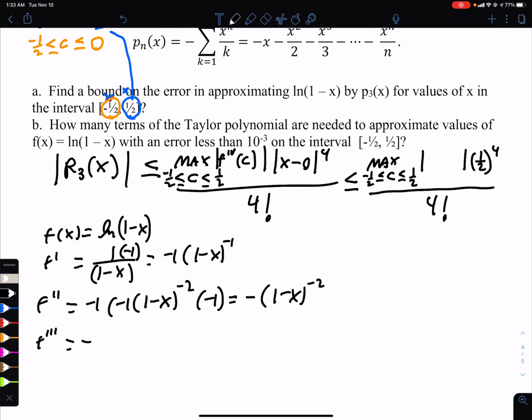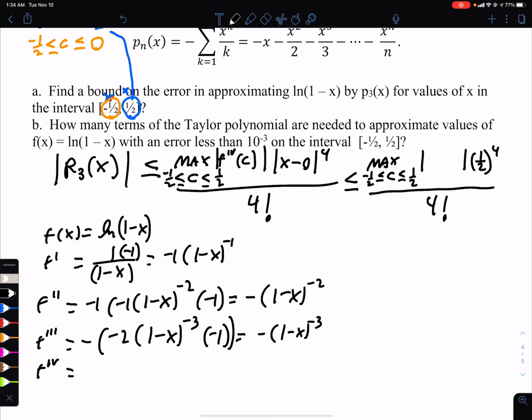Then the third derivative, there's a negative here, so I just copy that. And then I bring the negative 2 in front, 1 minus x, I subtract 1 from the exponent times the derivative box again. And I have 3 negatives, so it's all negative, 1 minus x to negative 3. And then the fourth derivative, I bring the negative 3 in front, 1 minus x, I subtract 1 from the exponent times the derivative box, so it's negative 1, or negative, whoa, there's a 2 there.